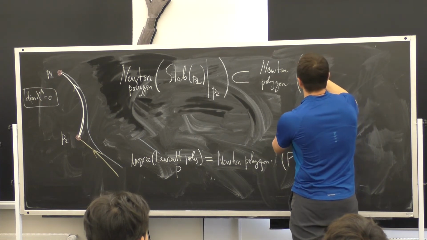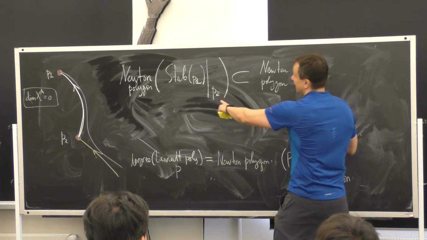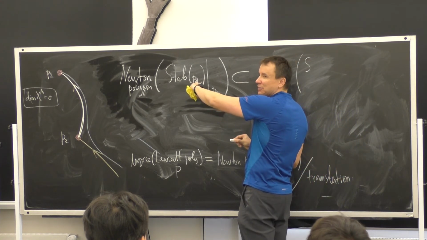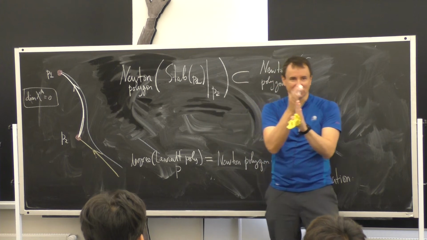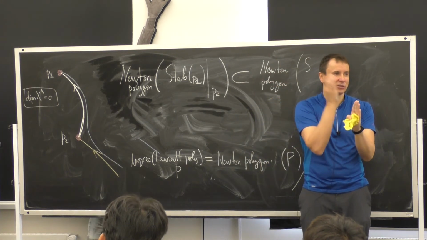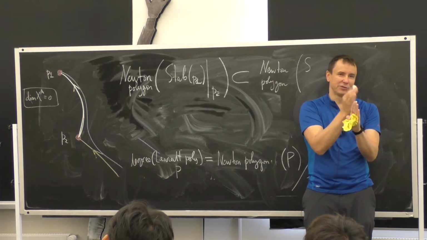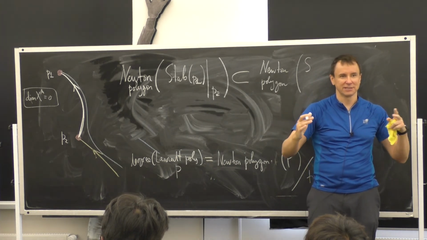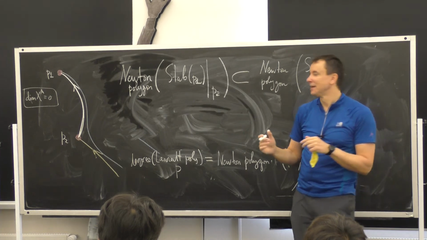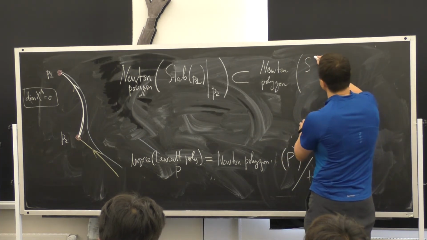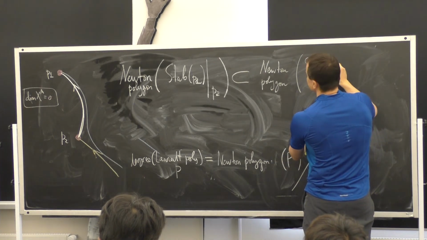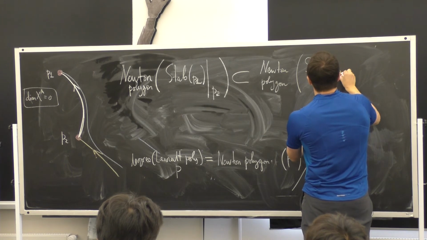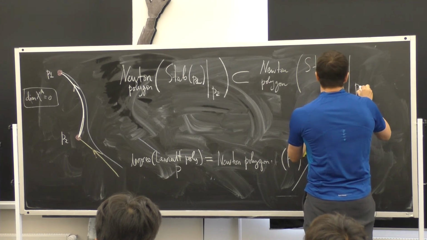I'll do cheating, I will not tell you. So you need some canonical choice of a Newton polygon of half dimension. And so this canonical choice goes into how you normalize the stable envelope of this point restricted to itself.